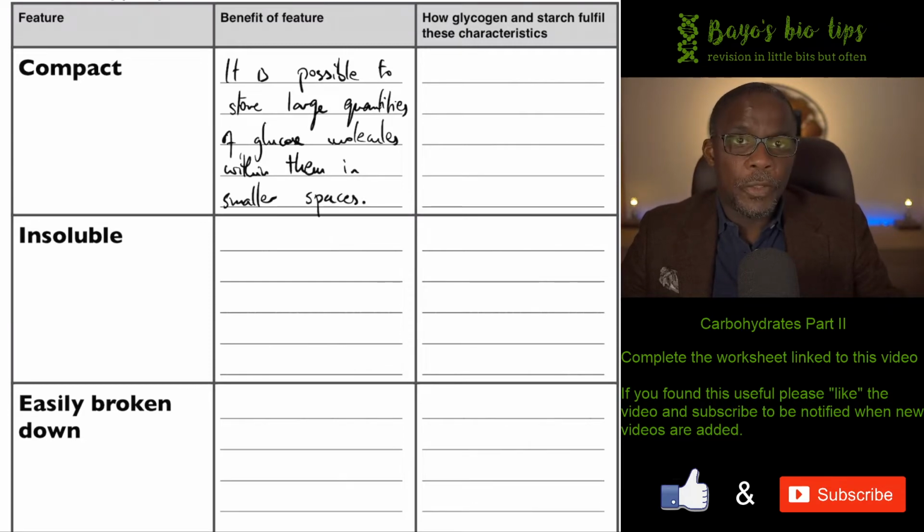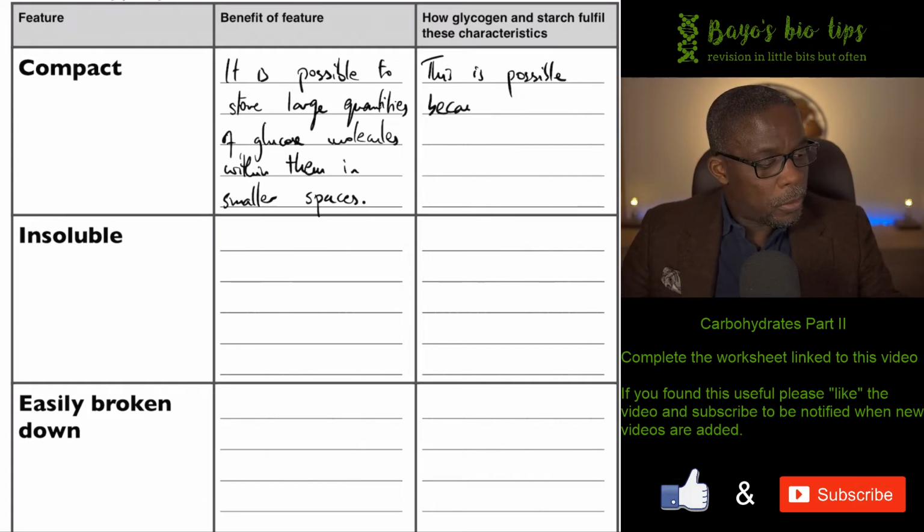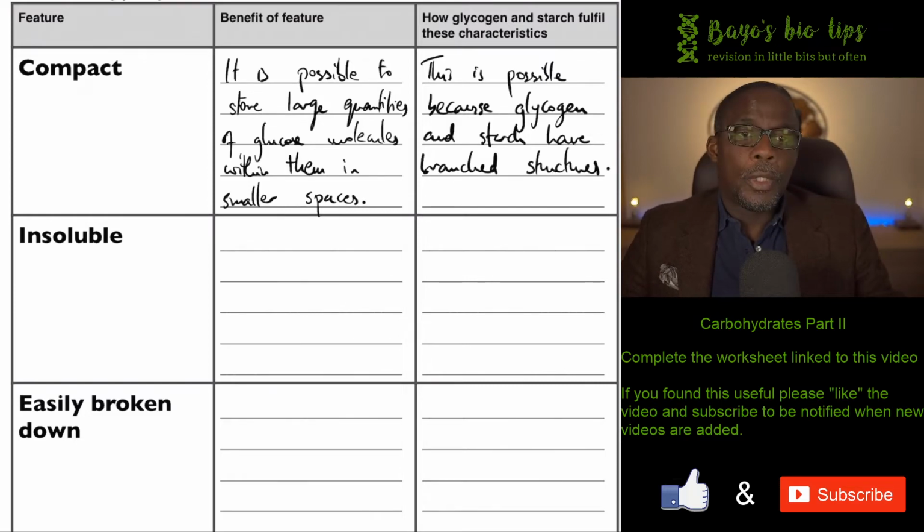So they're more space efficient. So how do glycogen and starch fulfill these characteristics? It's because they're branched. So this is possible because glycogen and starch have branched structures.